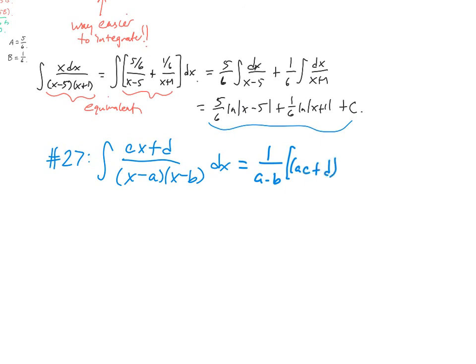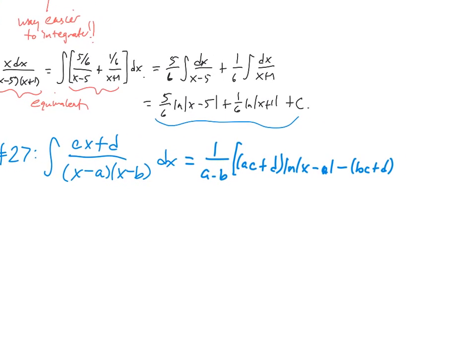There we go, that's better. ac plus d, natural log of absolute x minus a, minus bc plus d times natural log of absolute x minus b, all of that plus c.